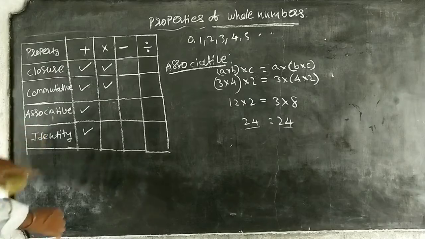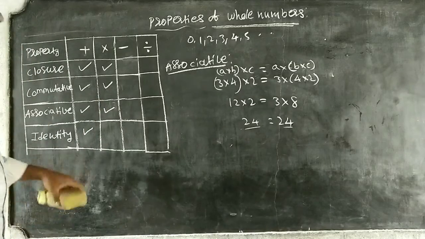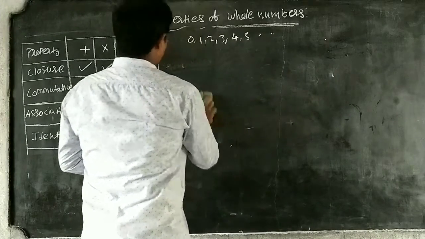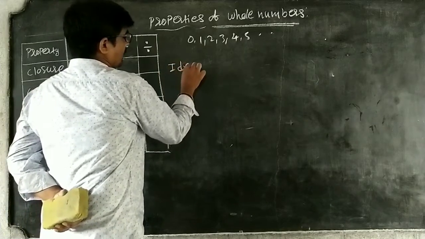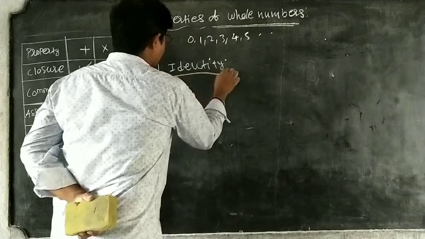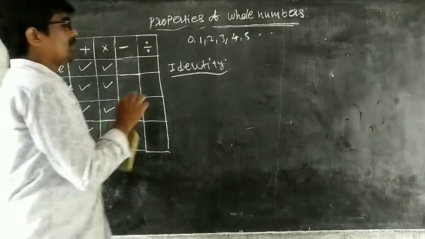Associative is okay. Next, identity. What is the identity property?